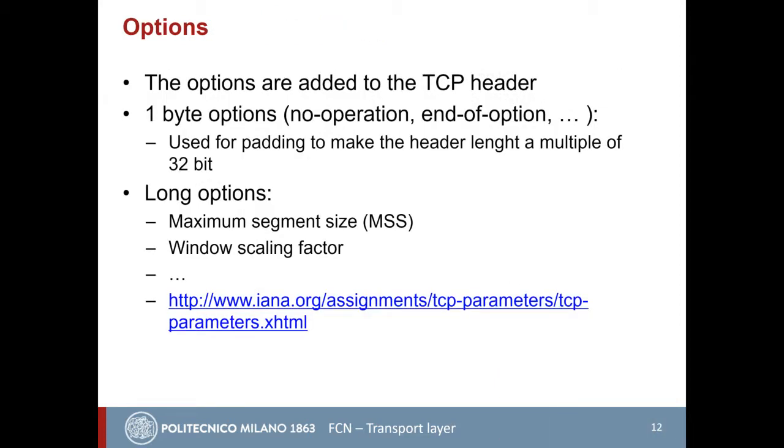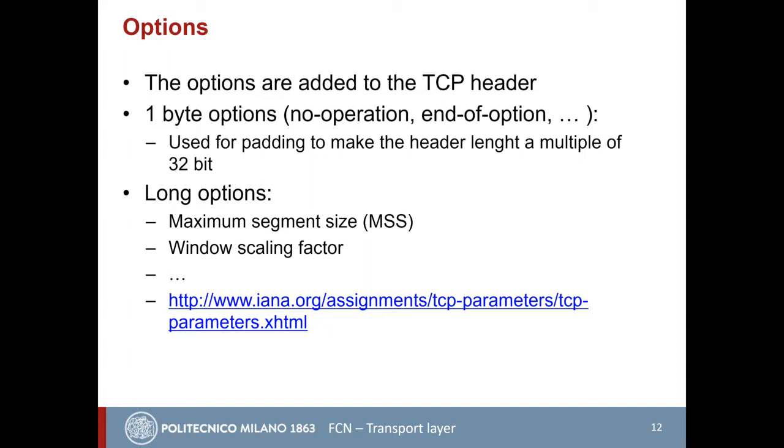Some of the option fields are important. In particular, the most important for us is one, and then there is another one that is useful to know how it works, but it's not so important. But there are a lot of options that have been defined.